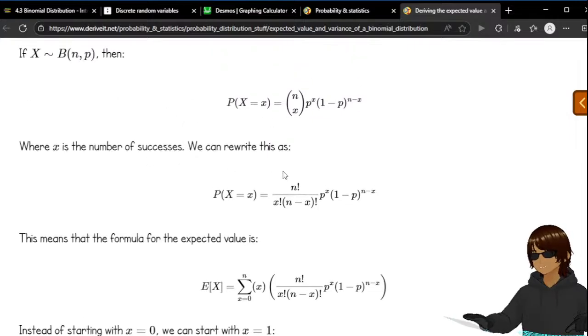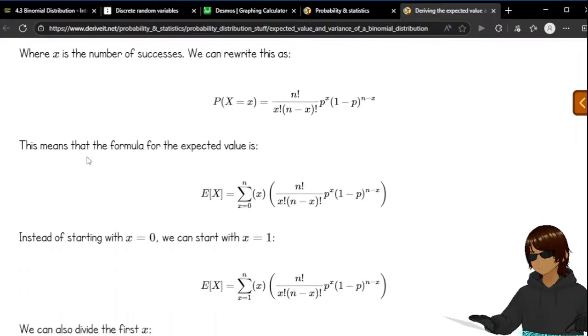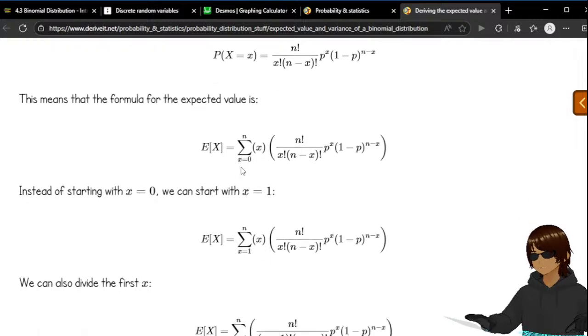We can rewrite the above as n factorial divided by x factorial times n minus x factorial. This means that the formula for the expected value, which is basically the mean, is x times the probability of x, and we have to add it n times.